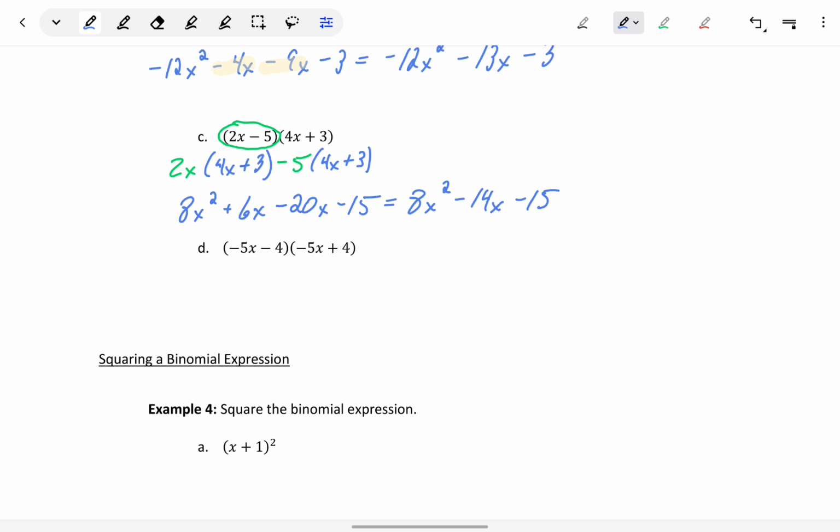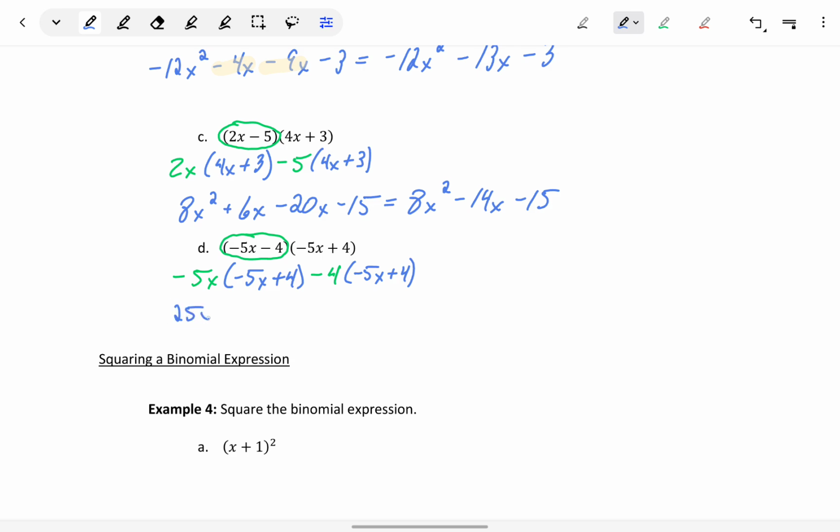In part D, we have minus 5x minus 4 times minus 5x plus 4. So again, one last time, we'll take the first term of that first binomial times the entire second binomial. And then we'll take the second term of that first binomial times the entire second binomial to make sure that each term in the first binomial is multiplied by each term in the second.